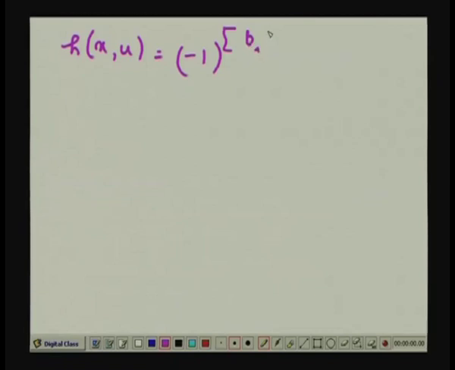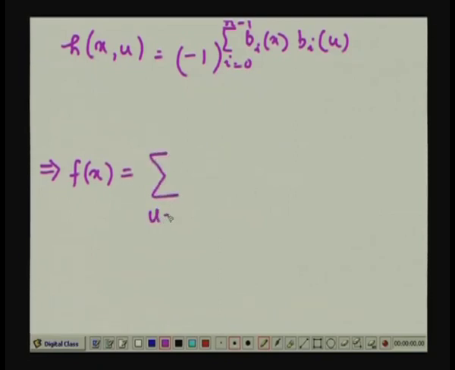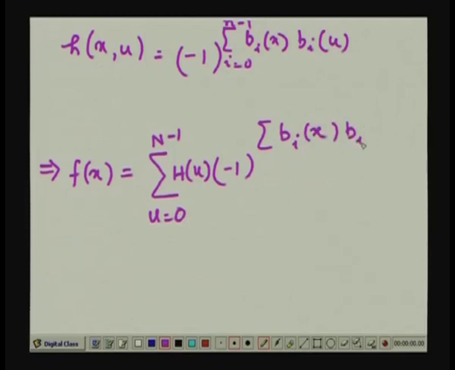summation b I x into b I u, where I varies from 0 to lowercase n minus 1, and using this the inverse Hadamard transformation is obtained as f x is equal to summation u varying from 0 to capital N minus 1 h u minus 1 to the power summation b I x into b I u, where I varies from 0 to lowercase n minus 1.